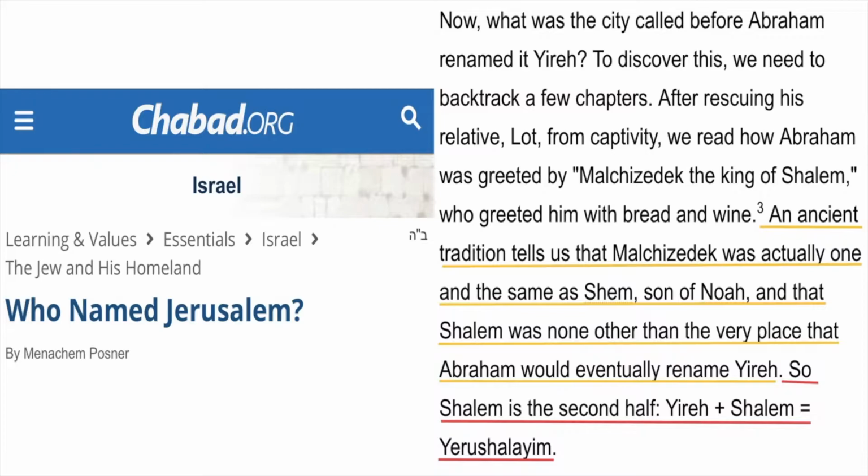and that Shalom was none other than the very place that Abraham would eventually rename Rayam. So Shalom is the second half of Rayam plus Shalom, which is Yerushalayim.